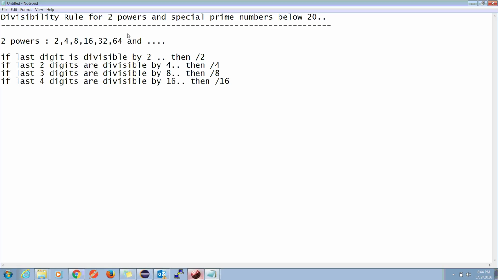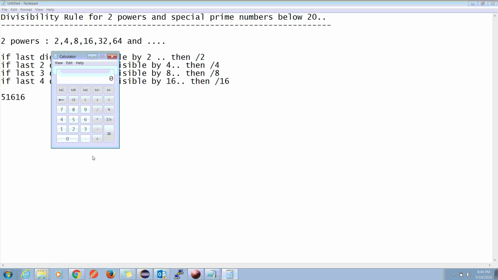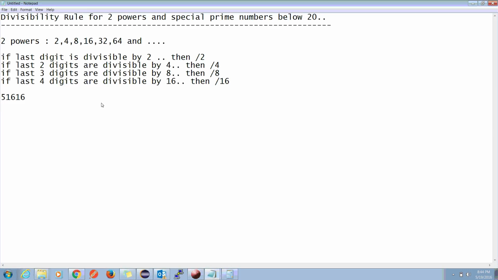Let's take an example. 16, let's put 5 here. This is divisible by 16 because the last 4 digits are divisible by 16. So let's check this. 5, 1, 6, 1, 6, divisible by 16.